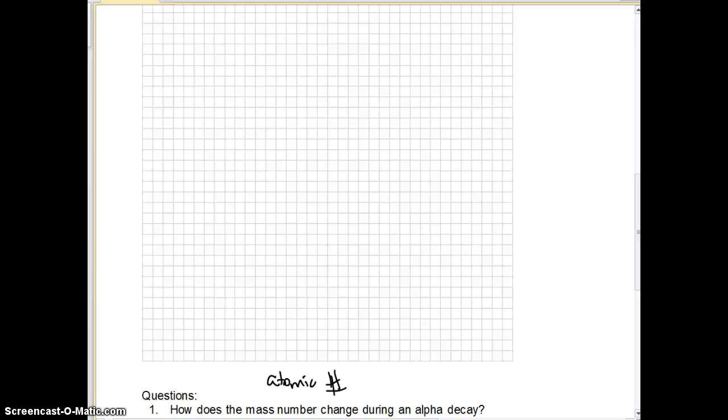I'm going to start down here right at the bottom at 206 right there, and we'll go by twos. 208, 210, 212, 214, 216, 218, 220. Of course, we're going to fill all these guys in.